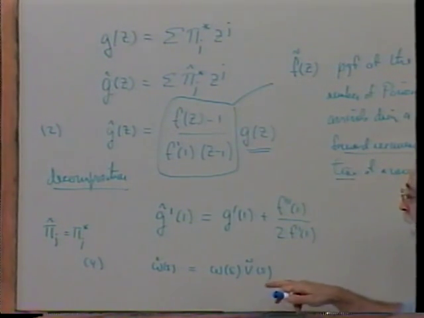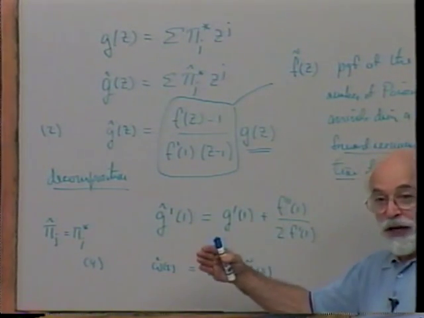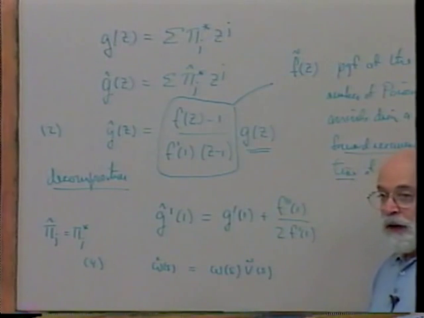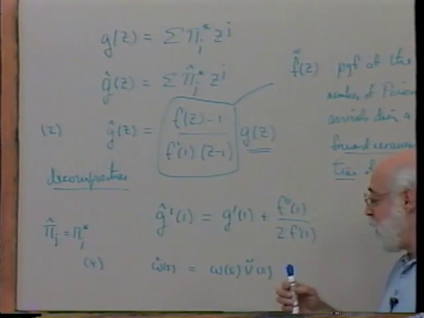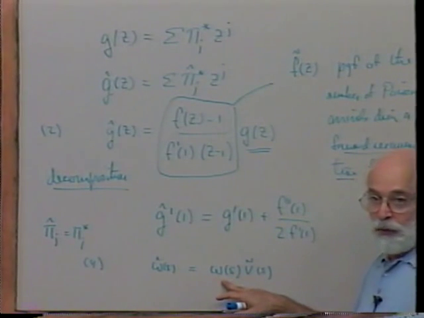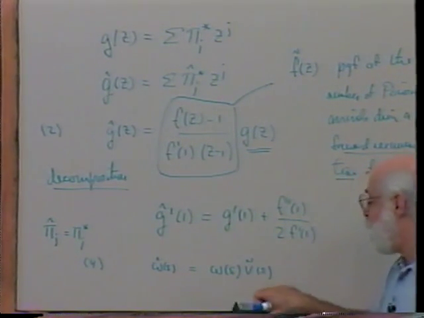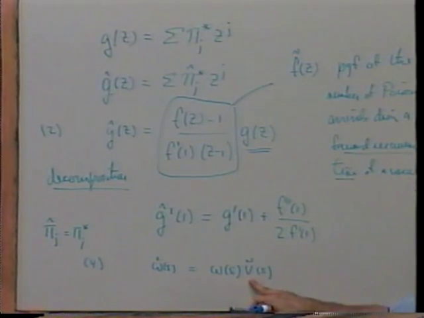Which means that the waiting time has the same distribution as the sum of two independent random variables, one of which is the waiting time in the ordinary M/G/1 without the vacation, and the other is the forward recurrence time of a vacation.